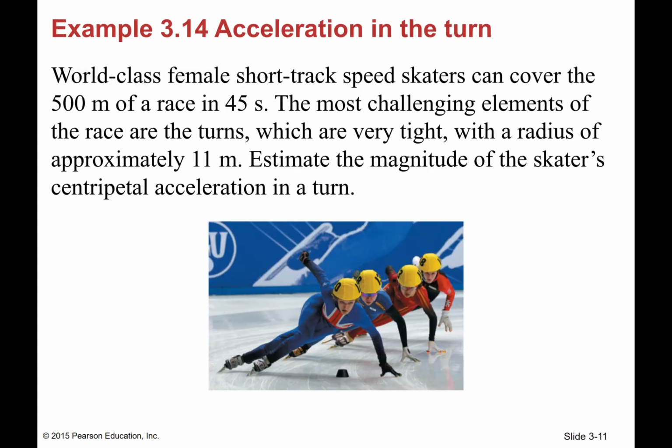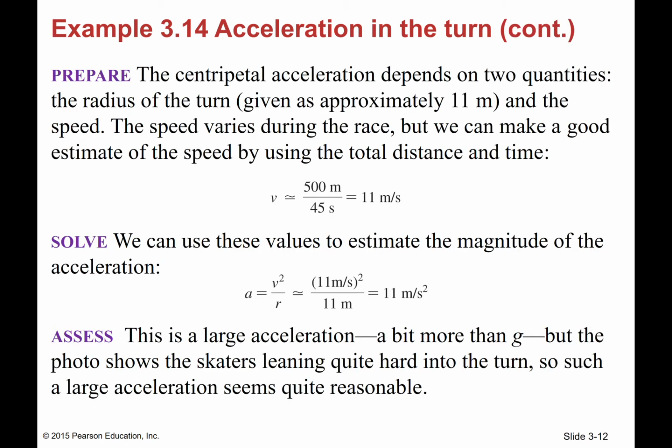So let's do one simple example here. Female short track speed skaters can cover 500 meters in 45 seconds, and they have to take turns with a radius of 11 meters. What is the magnitude of the centripetal acceleration in a turn? Centripetal acceleration again is v squared over r, so we need to find the velocity first.